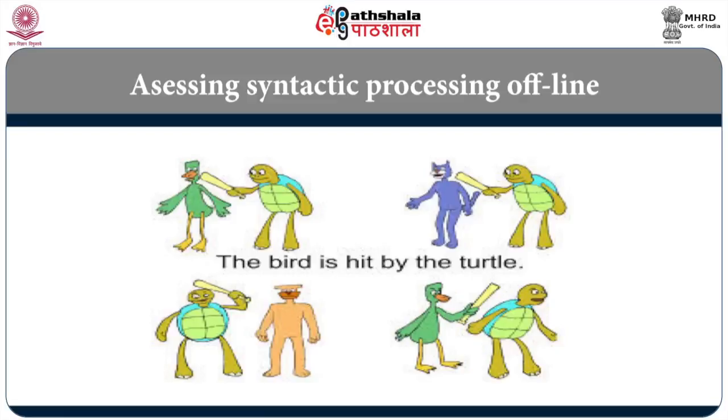But if it is made online, you can also monitor time taken to respond. If you are able to get to the meaning quickly, identify the correct picture which matches the sentence you heard quickly, it means that your syntactic processing is intact, right?